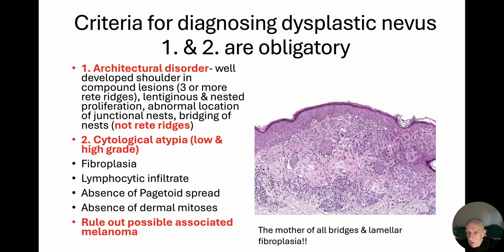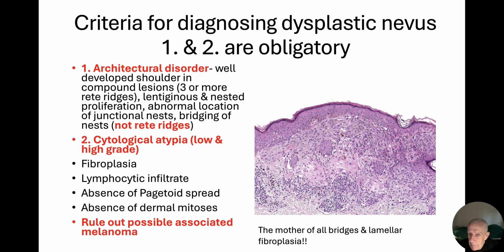Fibroplasia, again seen on the right, is a common feature of dysplastic nevus, but it may be seen in other atypical nevi, particularly nevus of special sites. So you've got to be careful you don't put too much weight on fibroplasia unless it's in the setting of an otherwise obvious dysplastic nevus.